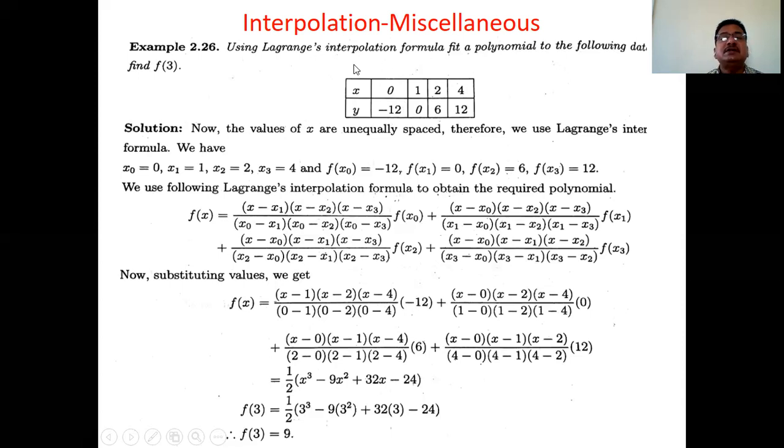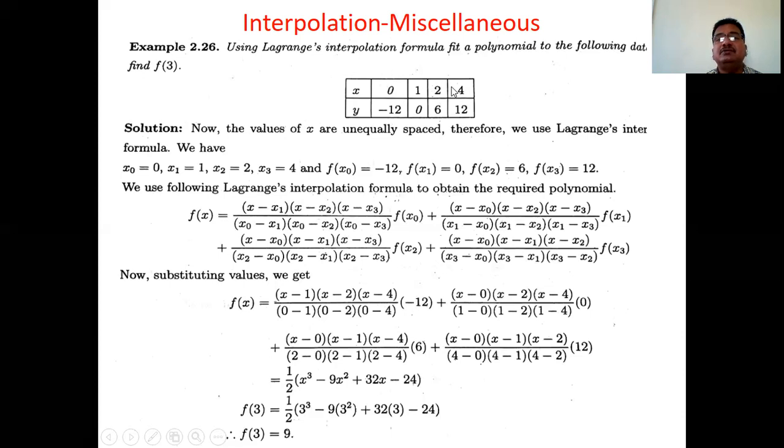if the problem does not specify instructions like using Lagrange's or using Newton's forward interpolation formula, then we can use any one out of the three, that is Newton forward, Newton backward, or Lagrange's, if the values of x are equidistant. But if the values of x are not equidistant, then we have to use only Lagrange's interpolation formula.